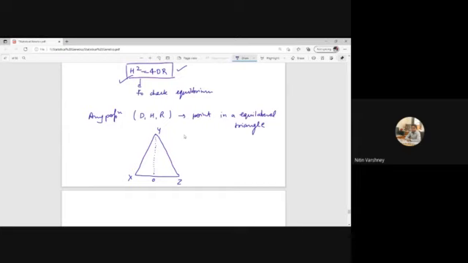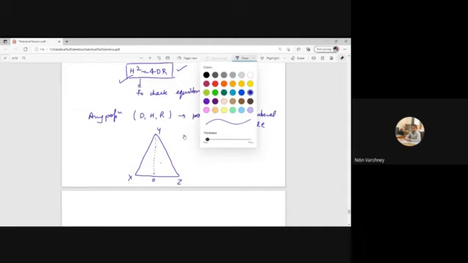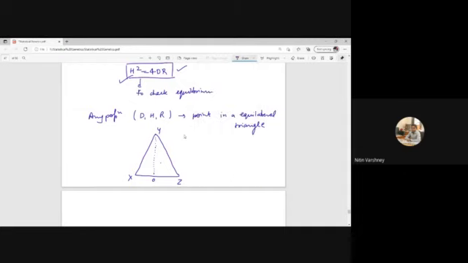Do you know what is the altitude in this triangle? Anyone know? What is the altitude? If we draw a line to the base at a 90-degree angle, this YO is the altitude.